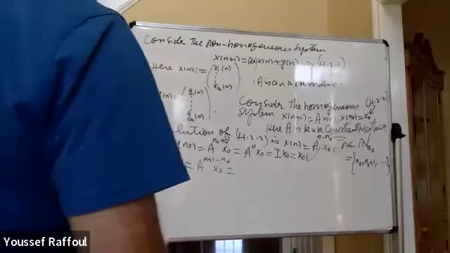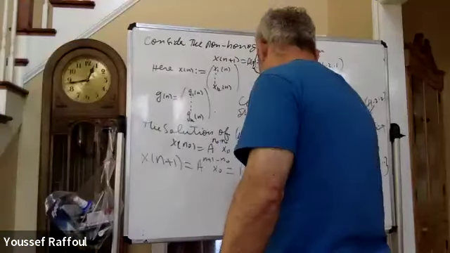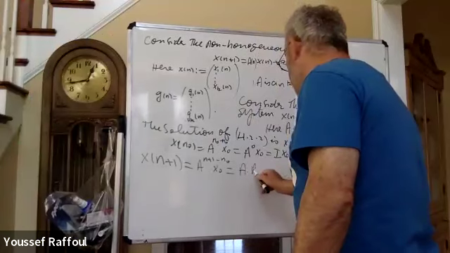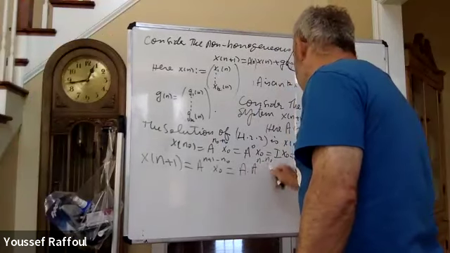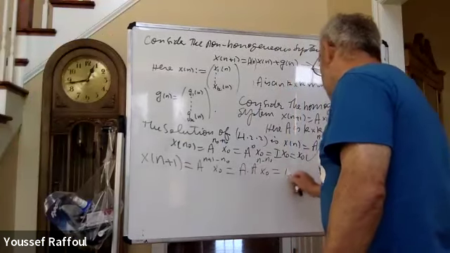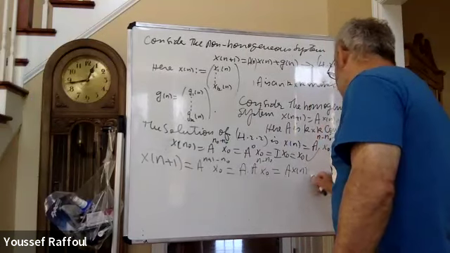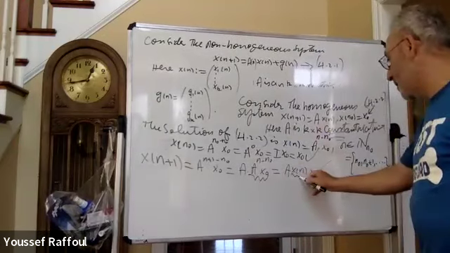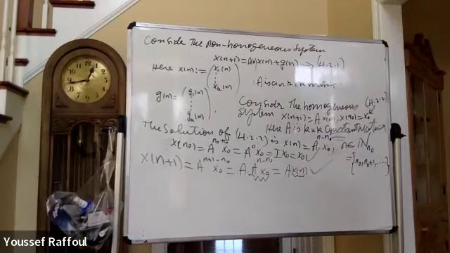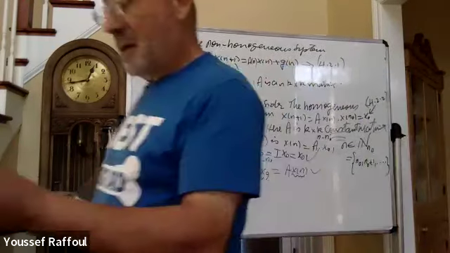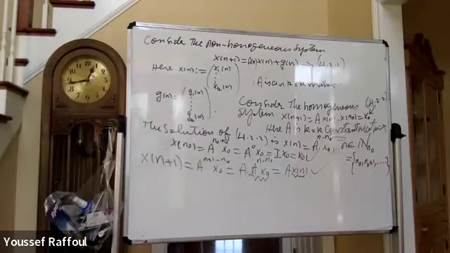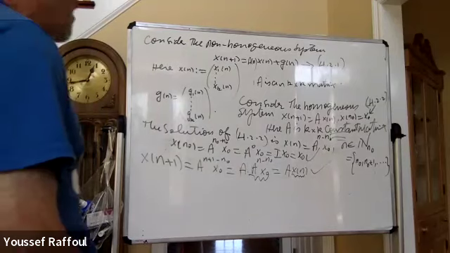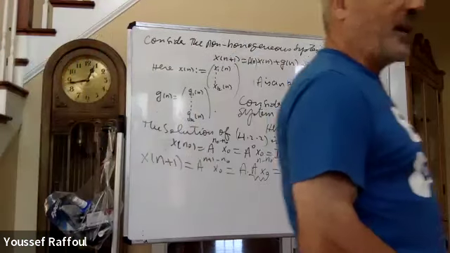That is A times A to the n minus n naught x naught. That is A x_n. So it's indeed a solution. But how is the matrix A defined? How do we compute the matrix A?